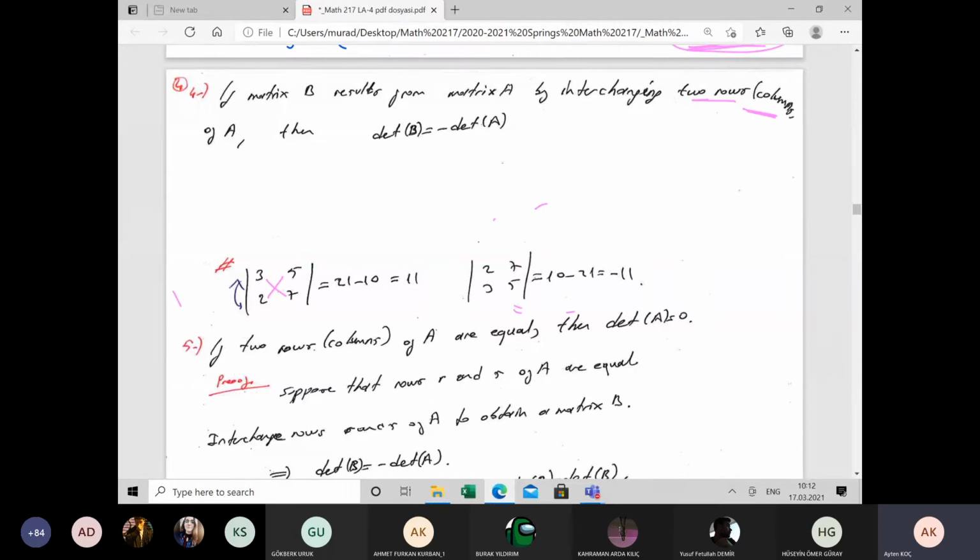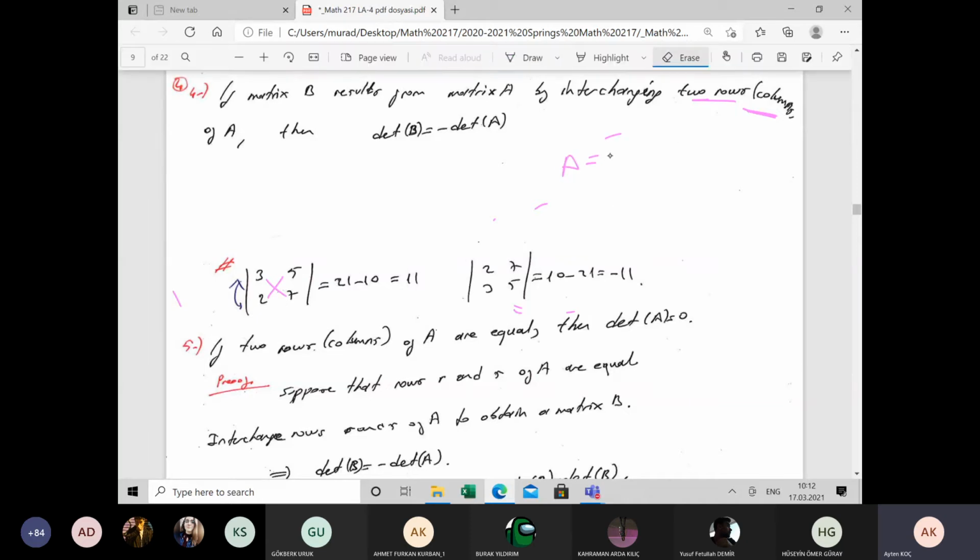So if we take this matrix, our aim is to compute the determinant, but this row and this row contain the same entries, they are equal. So we claim that this determinant should be 0. It's valid for rows or columns.